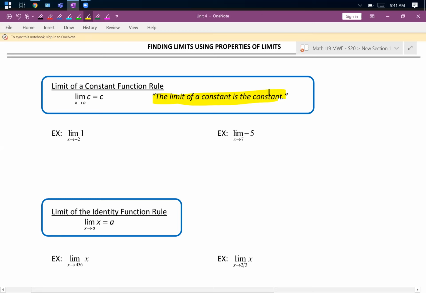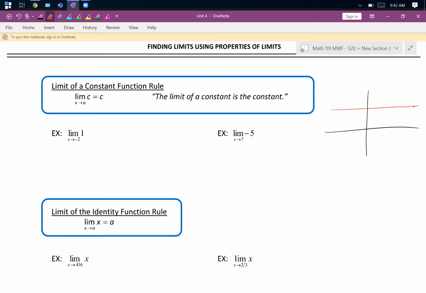So the limit of a constant is a constant, and that should make sense because if our function f of x is a constant, then the graph of this is simply a horizontal line, so the y value is always staying the same. So no matter which x value we're approaching, the y value is always this constant value.